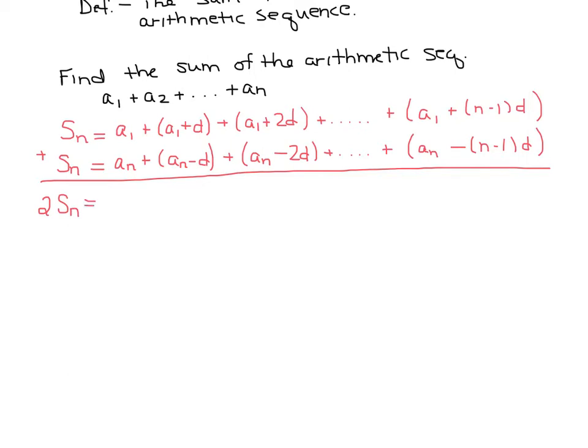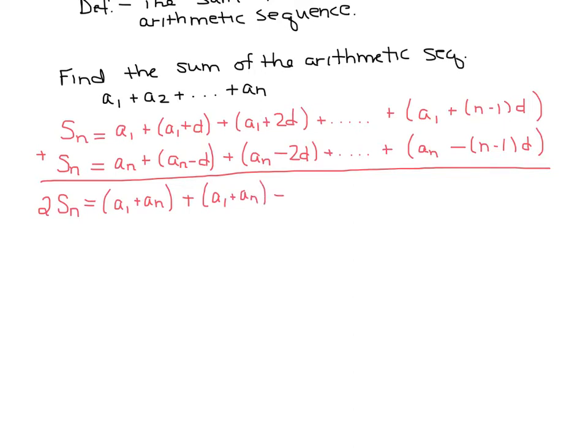Adding down, a sub 1 plus a sub n is just a sub 1 plus a sub n. And then if I add my a sub 1 plus d and my a sub n minus d, I've matched those up intentionally so that the d's cancel out, leaving us with another a sub 1 plus a sub n.